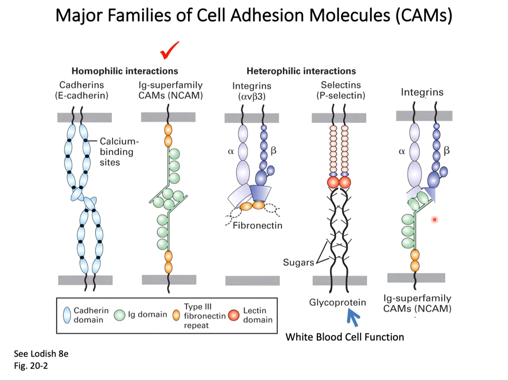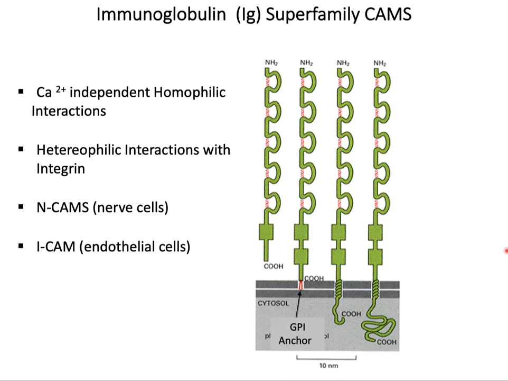So now let's take a look at another example of a homophilic interaction, and that is the Ig superfamily of cell adhesion molecules. This is a very, very large family of cell adhesion molecules, hence the name superfamily.